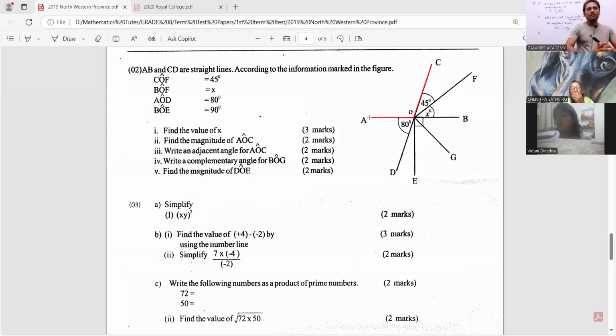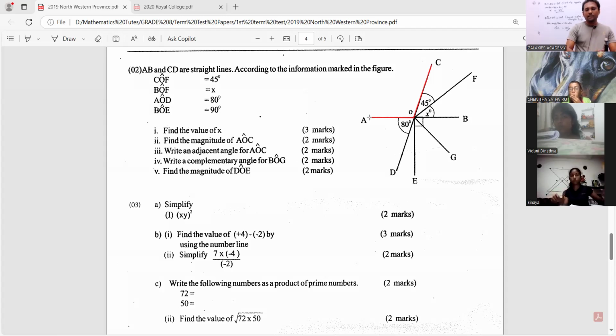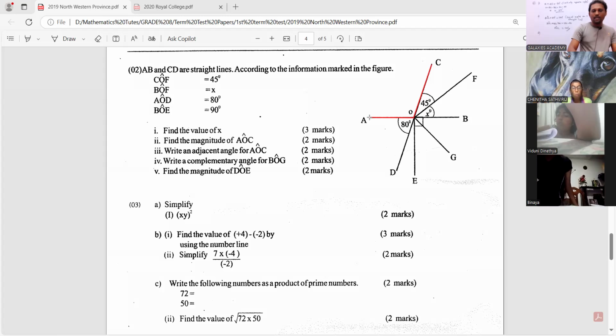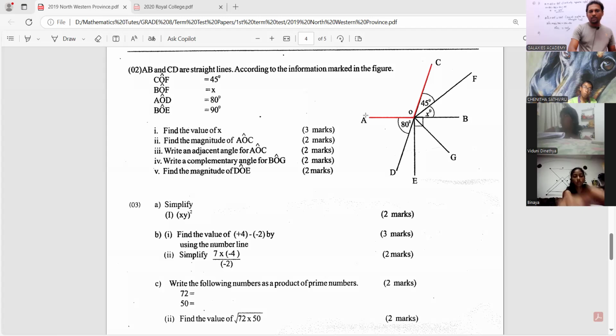Two angles should have a common arm, and also a common vertex. And the two angles should lie on either side of the common arm. So you can write answers as you like.